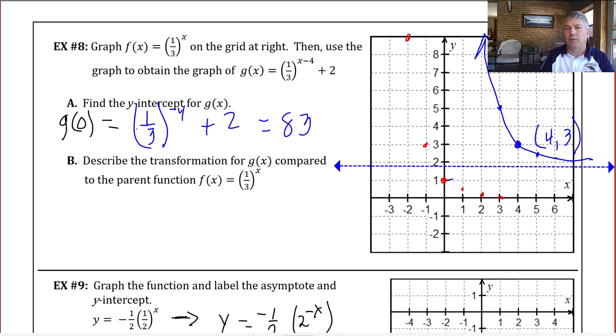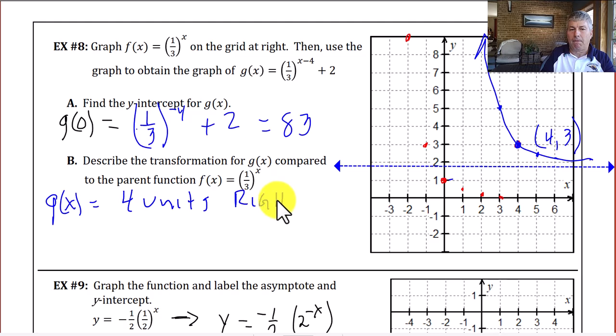So our y-intercept is way up here at 83. Describe the transformation. Well, we've done that already. g(x) is going to go 4 units right and 2 units up.